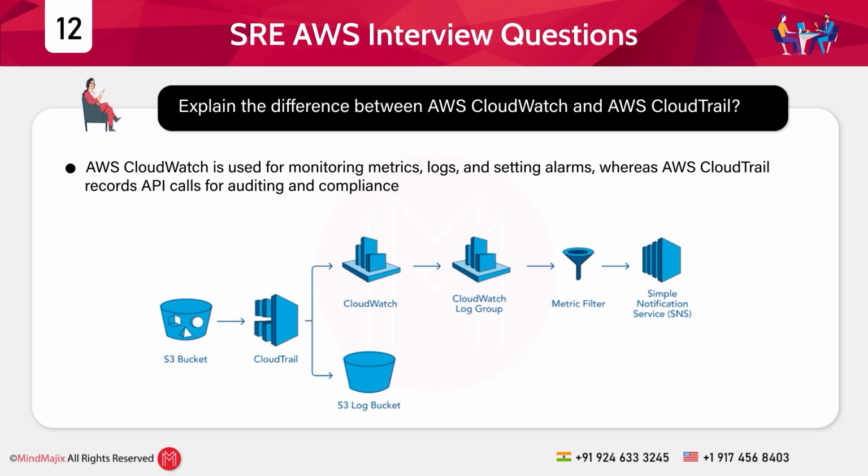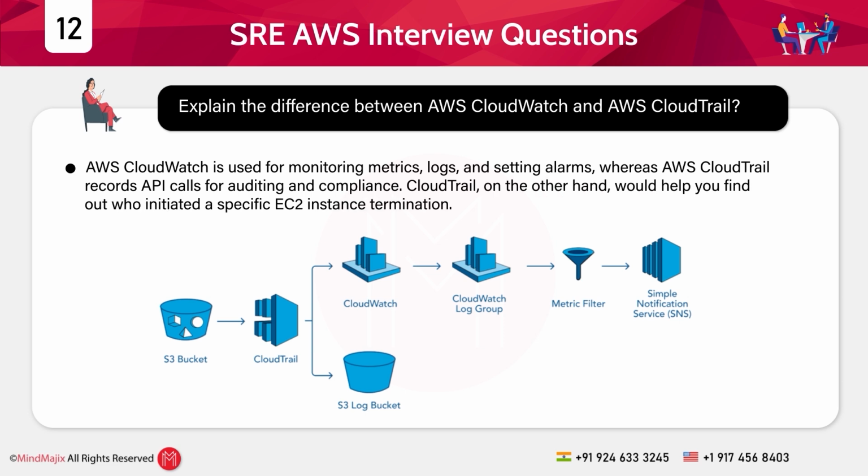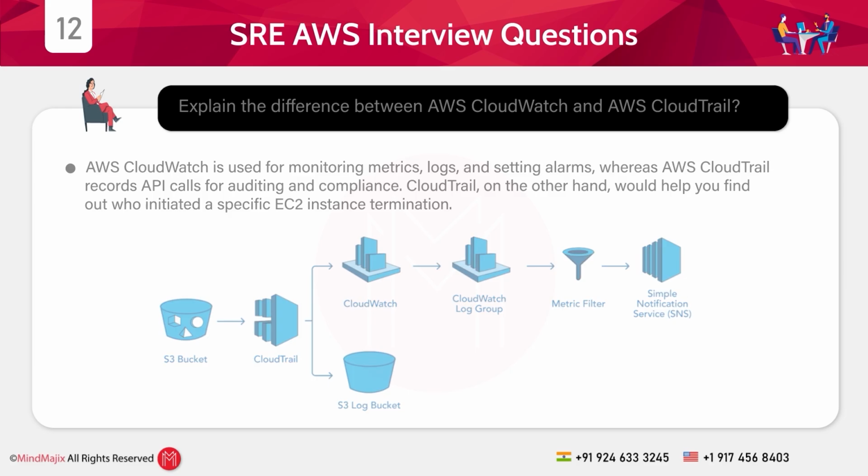For example, if the CPU usage spikes, the CloudWatch alerts can trigger an auto-scaling action. CloudTrail, on the other hand, would help you find out who initiated a specific EC2 instance termination. So in short, CloudWatch is about performance monitoring, whereas CloudTrail is about governance and auditing.